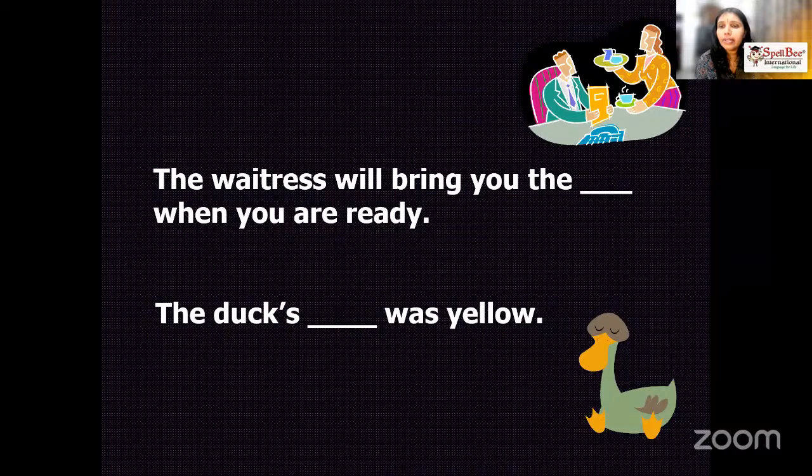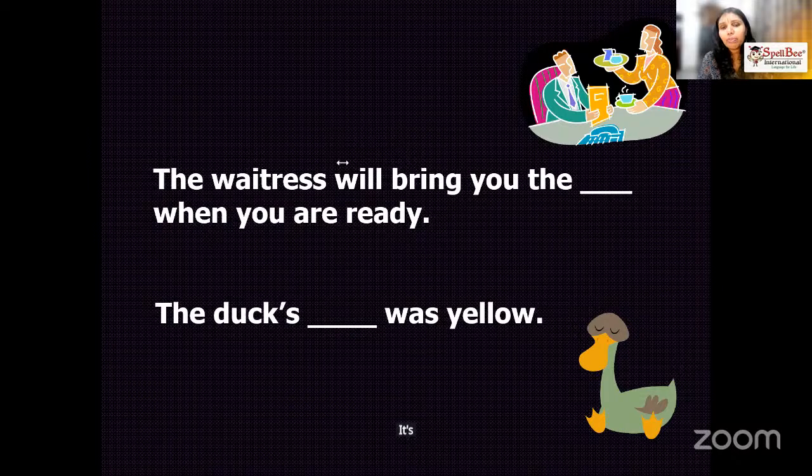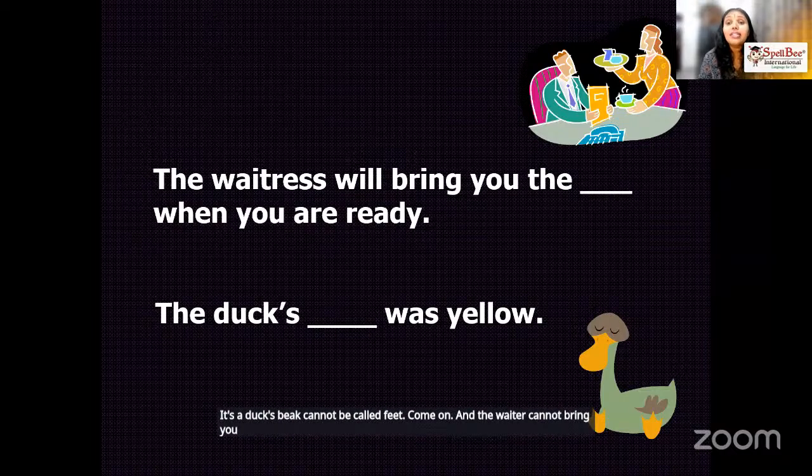Surikaran. All of you correct. So can I tell you? Not beak. A duck's beak is called, very good, Priscilla, correct. It's not, a duck's beak cannot be called feet. Come on. And the waiter cannot bring you feet. Think. Good job, Sirius.